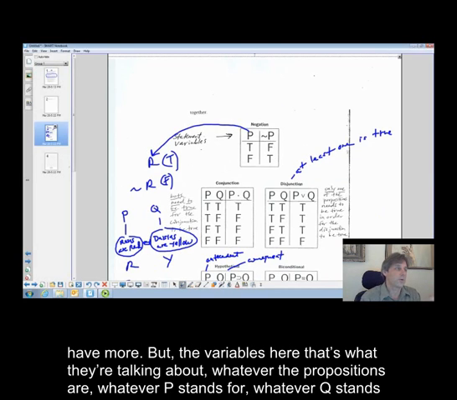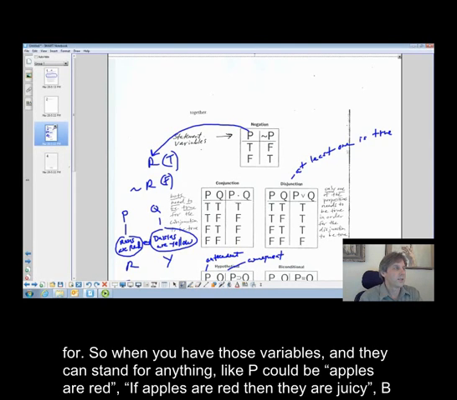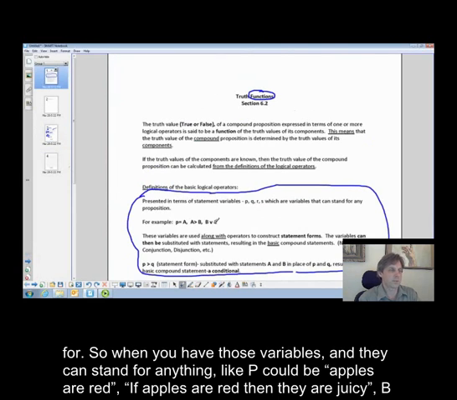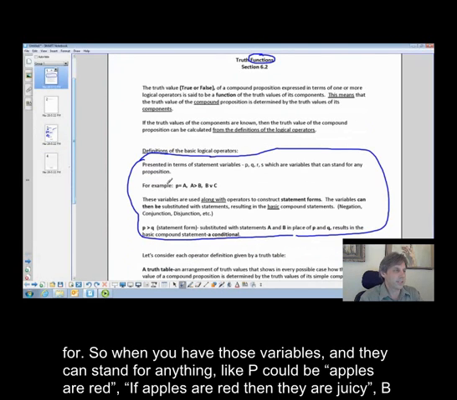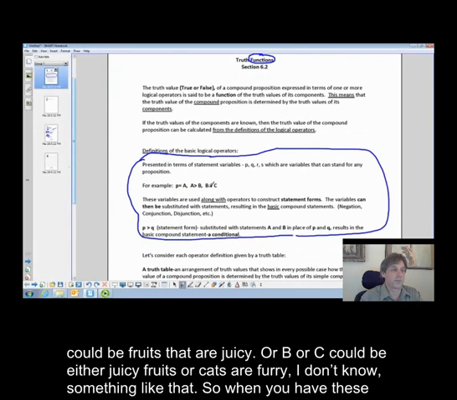Whatever P stands for, whatever Q stands for, they can stand for anything. Like P could be apples are red, Q could be fruits that are juicy, or Q could be either juicy fruits or cats are furry, I don't know, something like that.